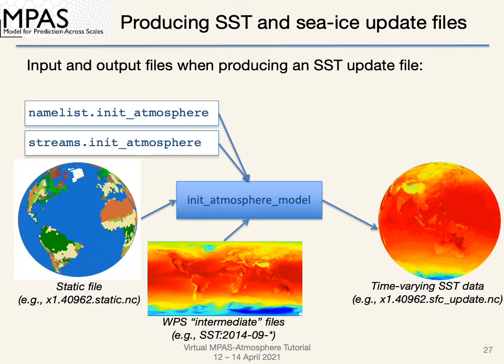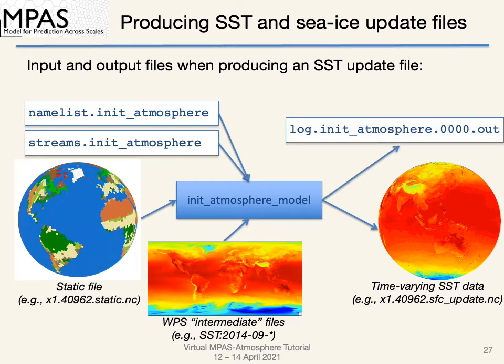So the idea then is that we'll once again run the init-atmosphere model program, and based on the description of the input and output file names in our streams.init-atmosphere file, we will now get out a file that's conventionally called surfaceupdate.nc, and optionally, by convention, we use this same prefix as for our static file and initial conditions file. But again, this is completely optional.